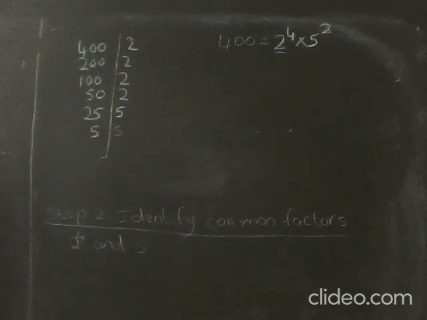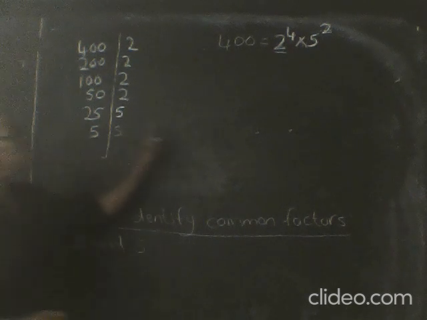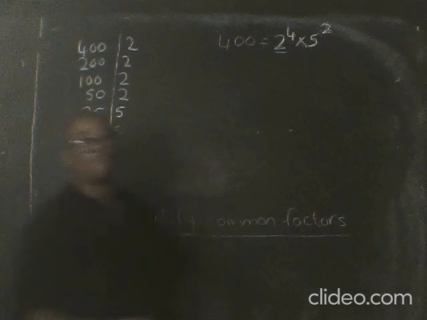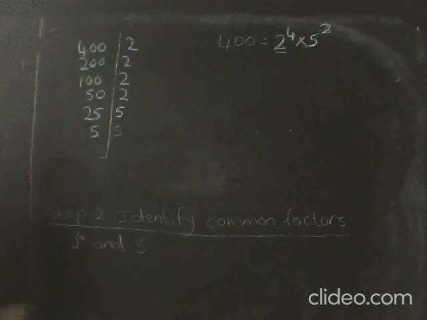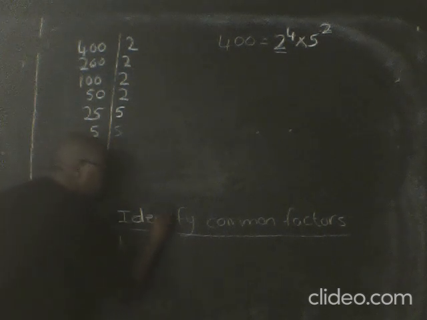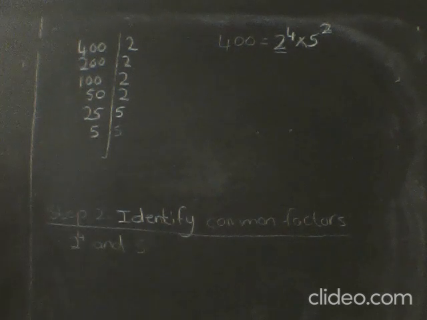So now we have 160 is 2 to the power of 5 multiplied by 5, and 400 is 2 to the power of 4 multiplied by 5 to the power of 2. Step 2 says we need to identify the common factors. Right, so when we identify the common factors, we look at which numbers appear in both of them.